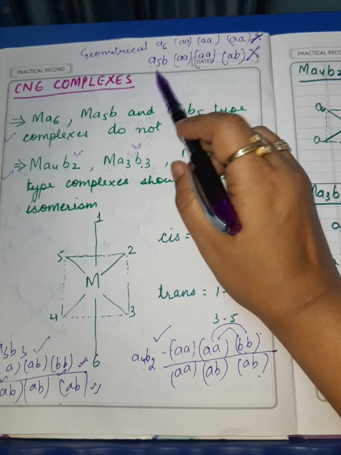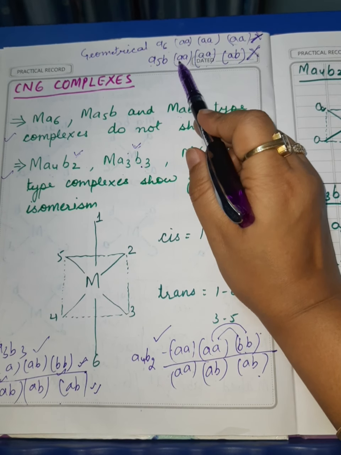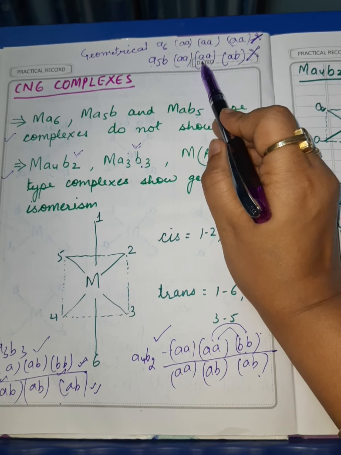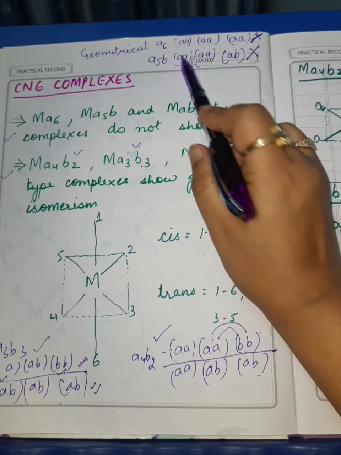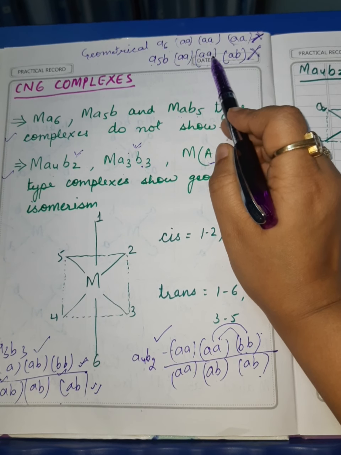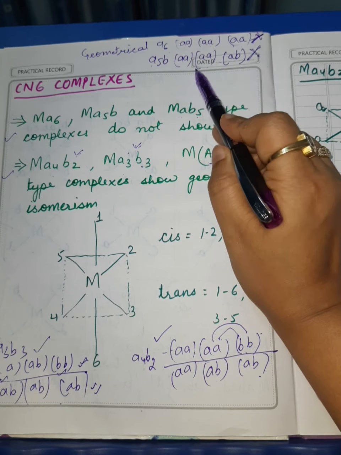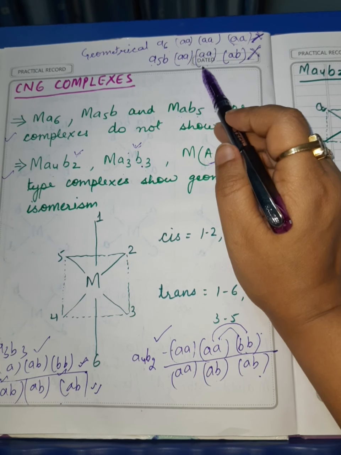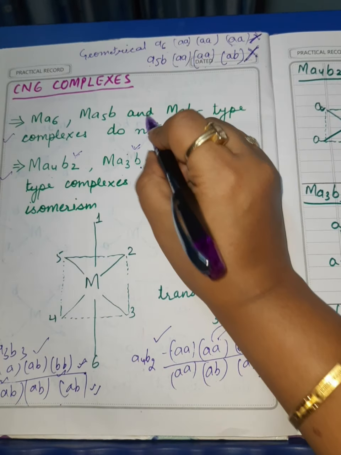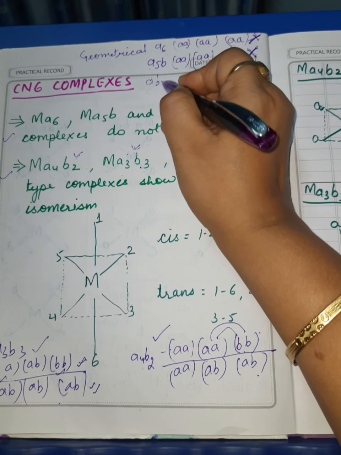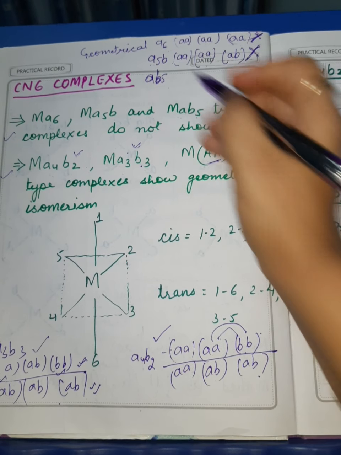When it comes to A5B, I can have 3 pairs: first pair AA, second pair also AA, and third will be AB. If I exchange the ligands in any of the pairs, no different situation I'll get. So this also does not show geometrical isomerism. Same in case of AB5, same as A5B.